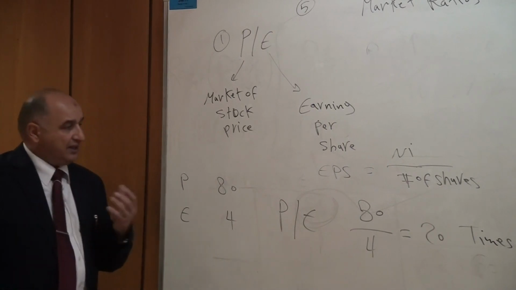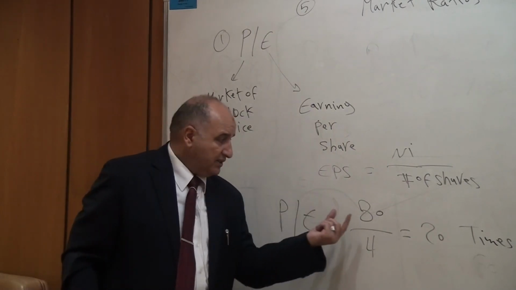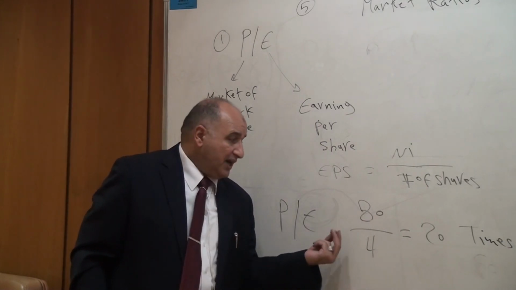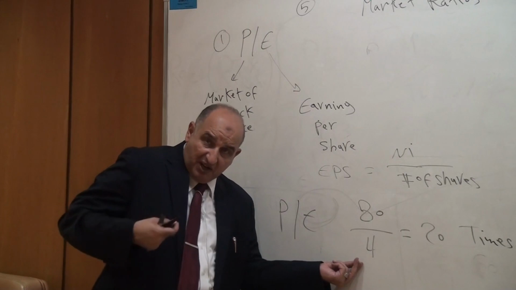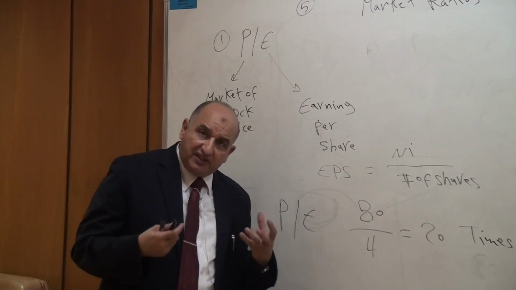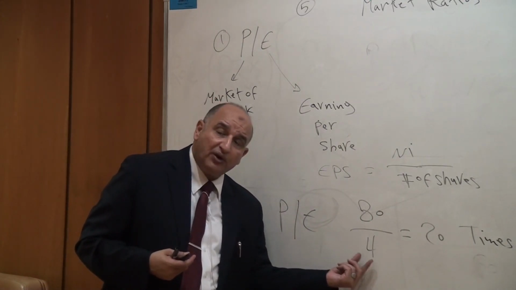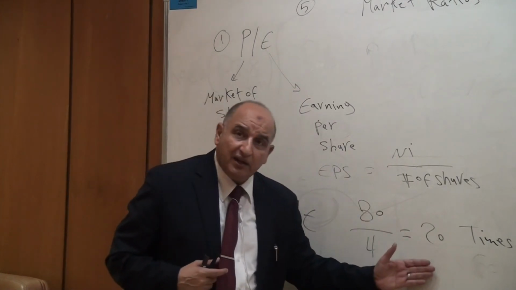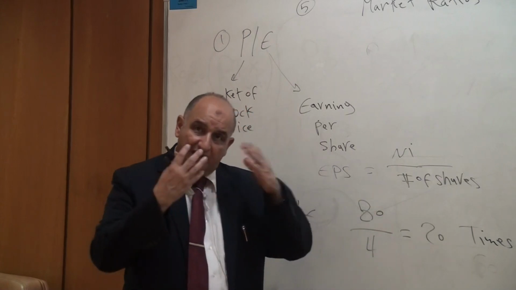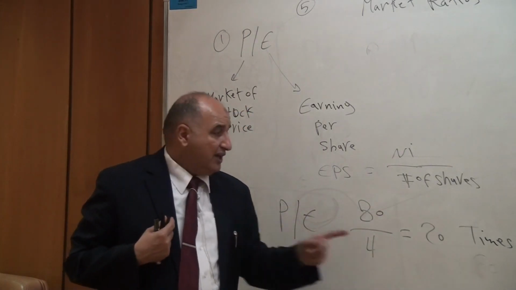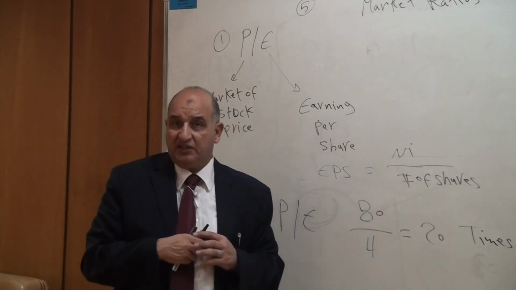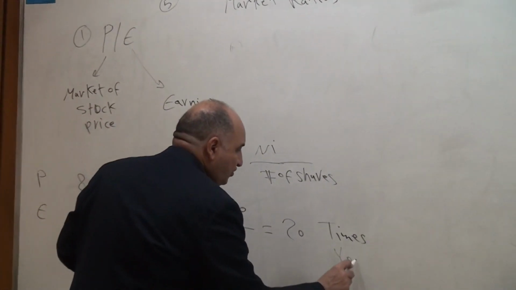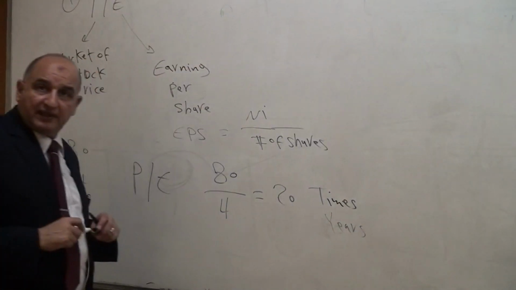What does it mean? That the PE ratio equals 20. It means if I bought this stock for $80 and the company generates a profit equal to $4 a year, I will get back my money after 20 years. So sometimes we can call it 20 years.